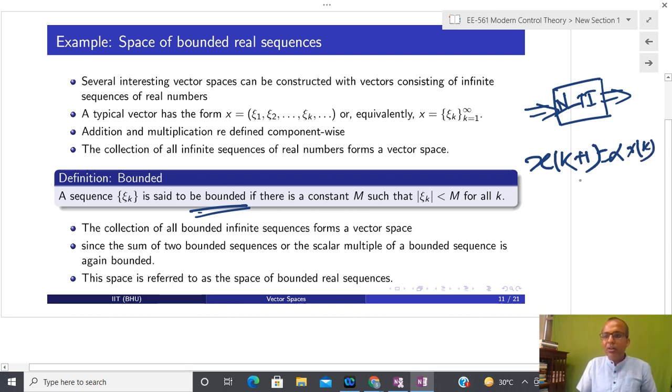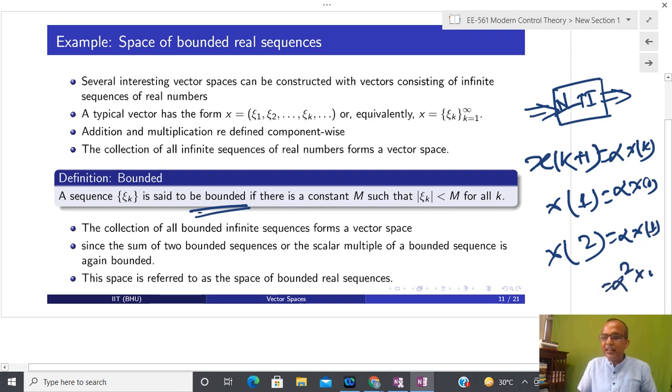At k equal to 0 I have alpha x_0, and when k becomes 1, I have x_1, so alpha squared x_0 comes into the picture. Each and every time I am generating some kind of sequence.